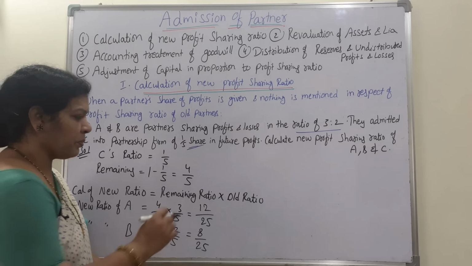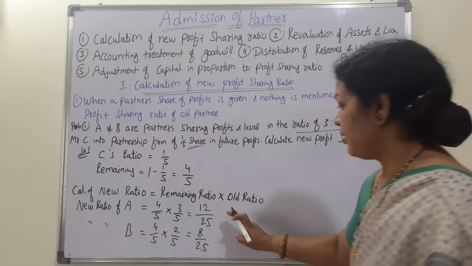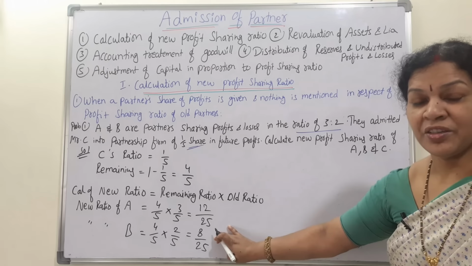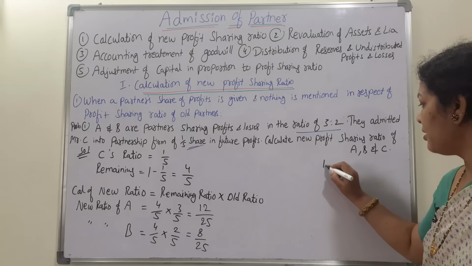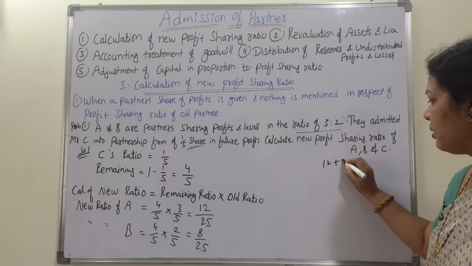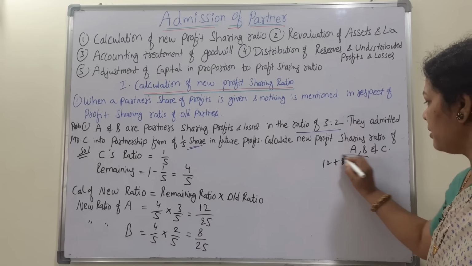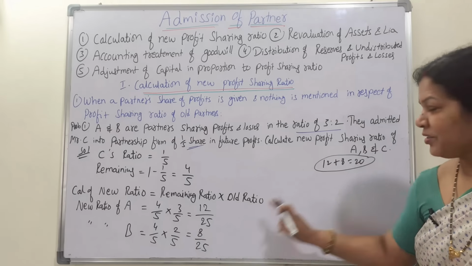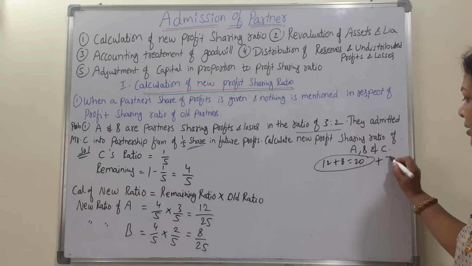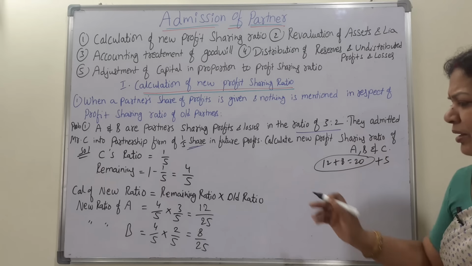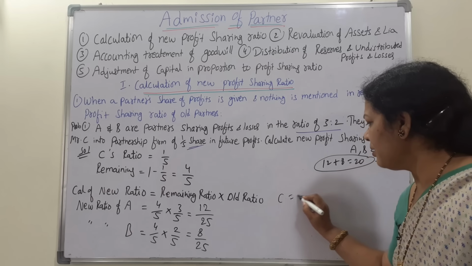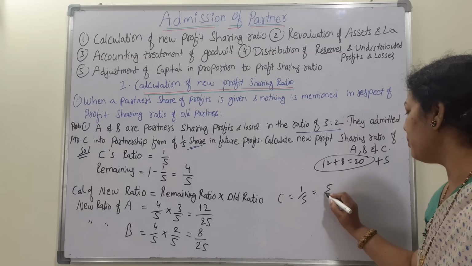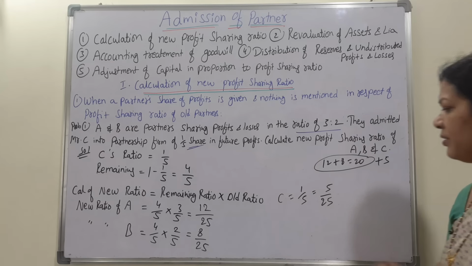Suppose you take 12 plus 8, it is 20. Downside is 25. To get 25, how much is needed? 5. So this is 5/25 for C. 1/5 is equivalent to 5/25.